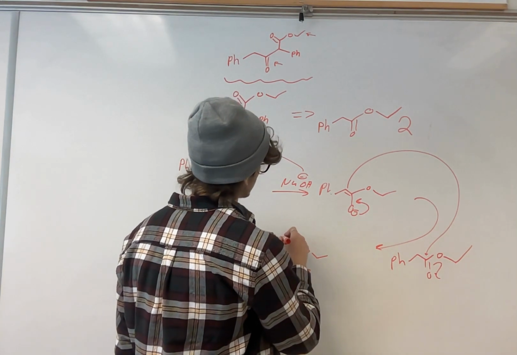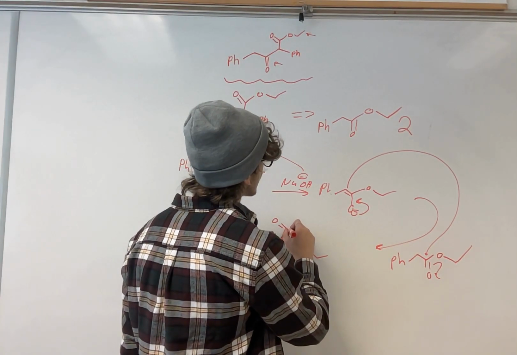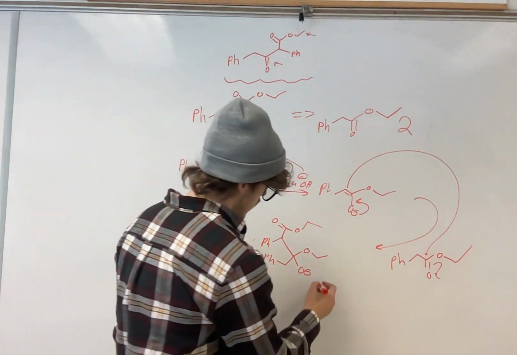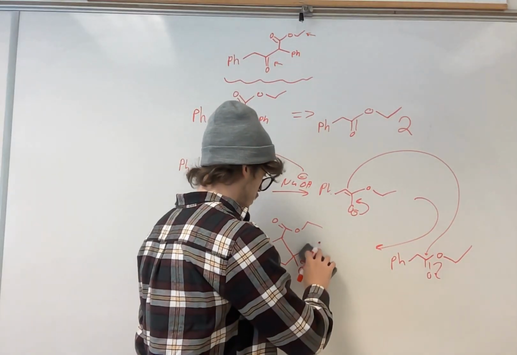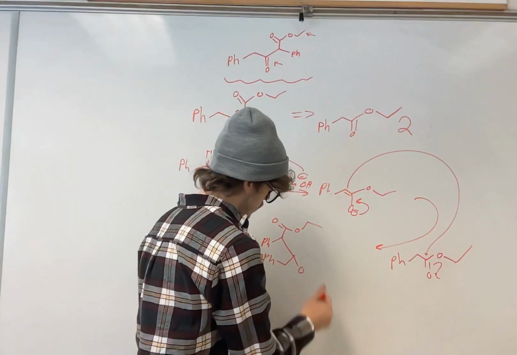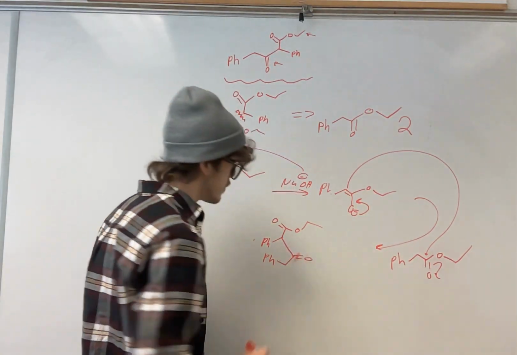We attached here, so we have. Okay, that took a long time. And then the carbonyl just kicks out our ethoxy group. I won't bother drawing another arrow, but the ethoxy group will get kicked out. We'll reform the carbonyl, and it will go be more like that.